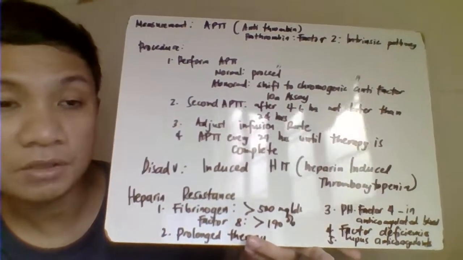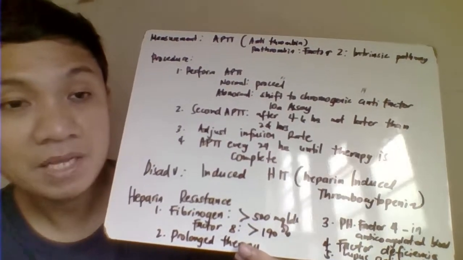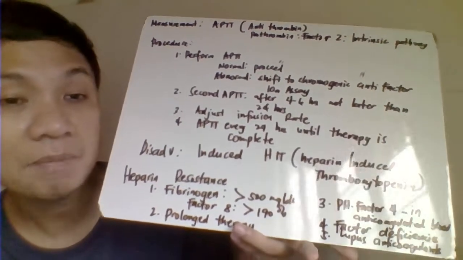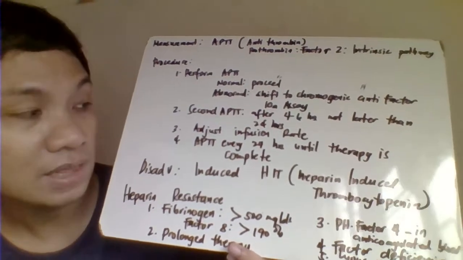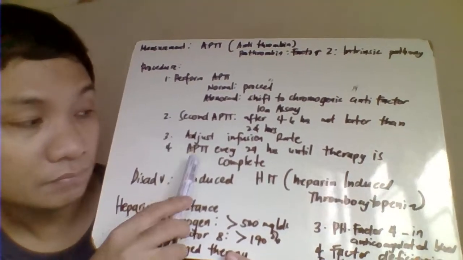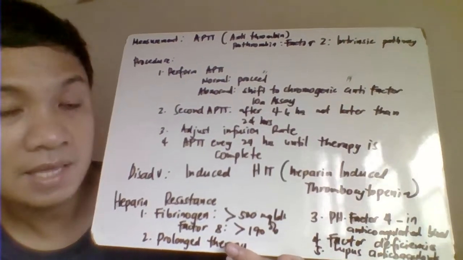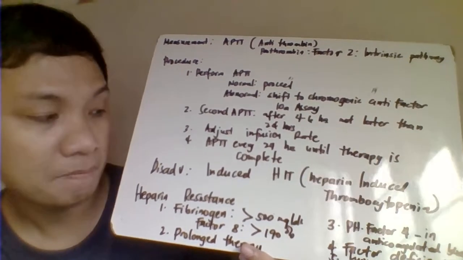Then, try to monitor, basta when you are administering the patient with anticoagulant, dapat that one is within the therapeutic range. Kasi again, pag hindi na sa therapeutic range, magkakaroon ng bleeding manifestation ng patient natin, and we don't like that one. And after that one, try to monitor the APTT of the patients every day until the patient try to complete the entire heparin therapy.